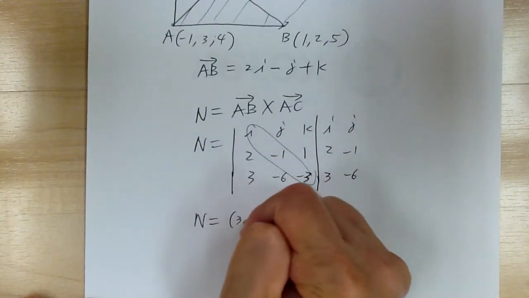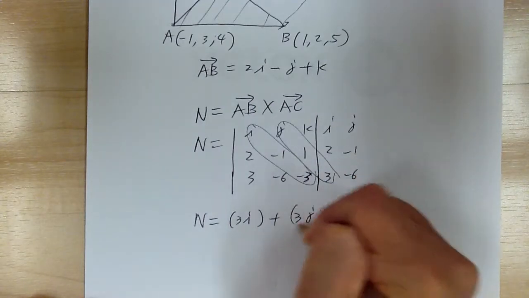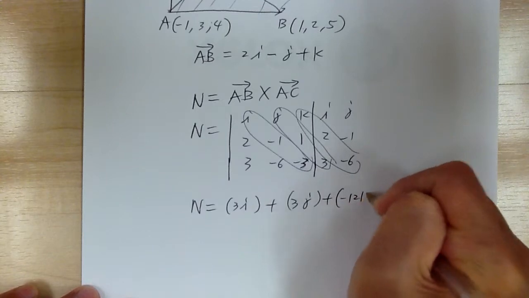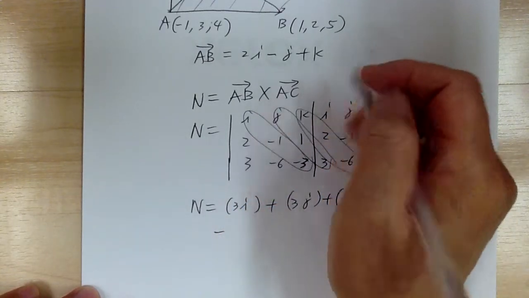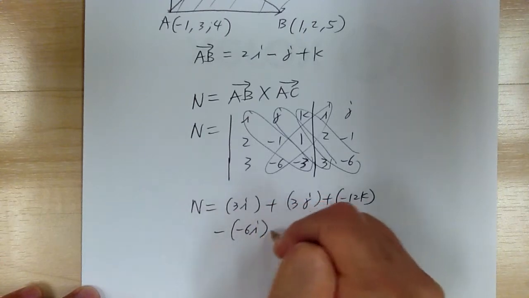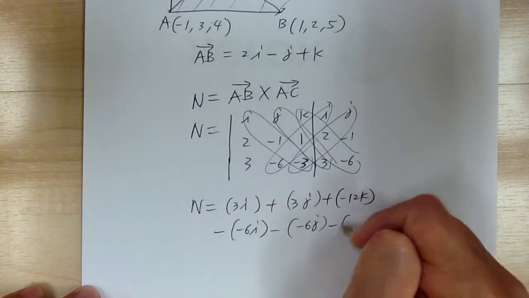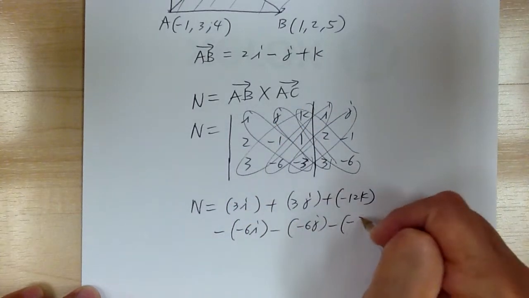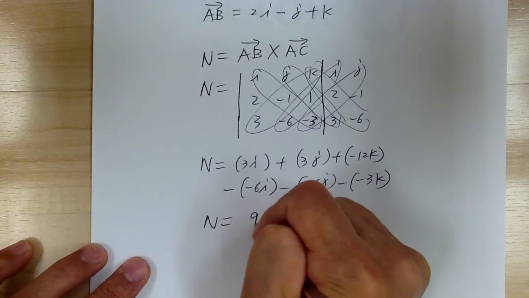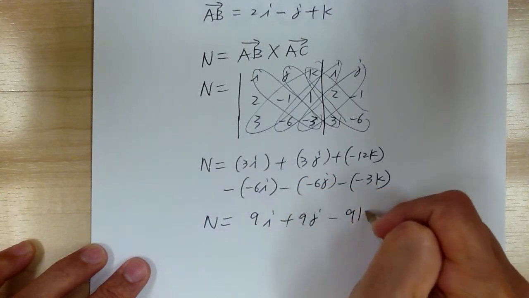So you got 3i plus 3j plus -12k, minus the i would be -6i, minus the j would be -6j, minus the k would be -3k. So the normal is equal to 9i plus 9j minus 9k.